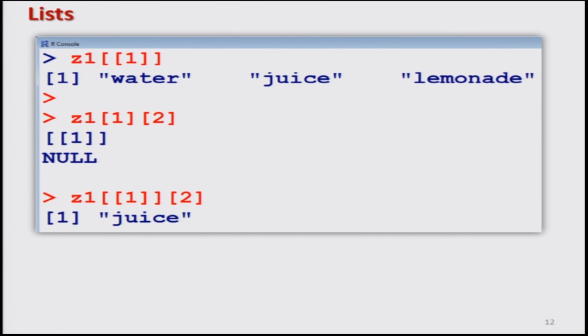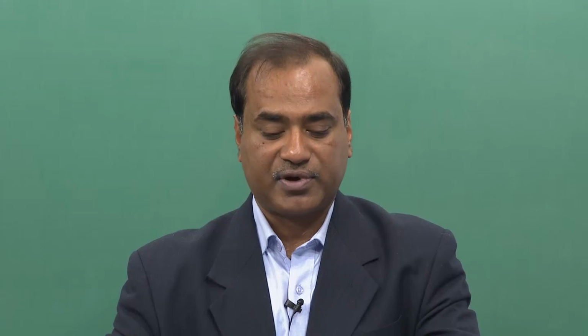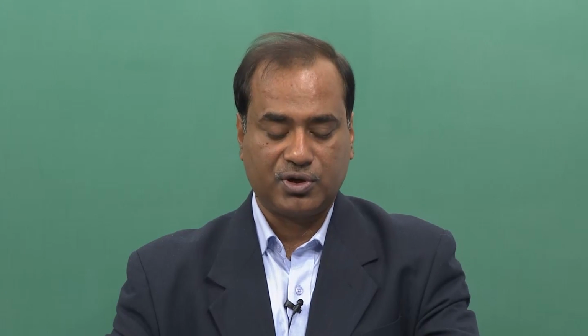So now with this list, I have tried to give you an idea of how to create a list. I have taken some examples. One example shows that only data of one type is used, and in another example I have taken different types of data sets and then combined them through the list command.